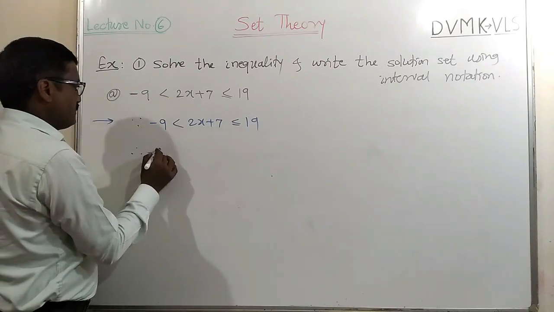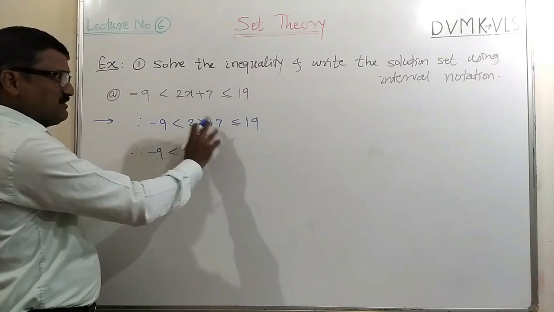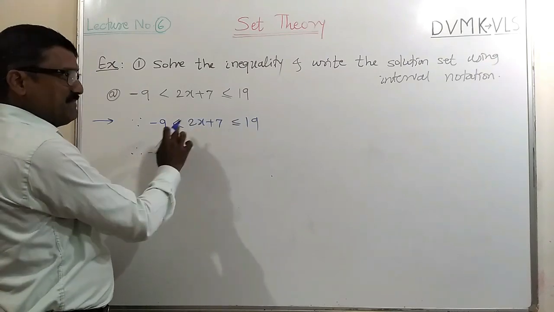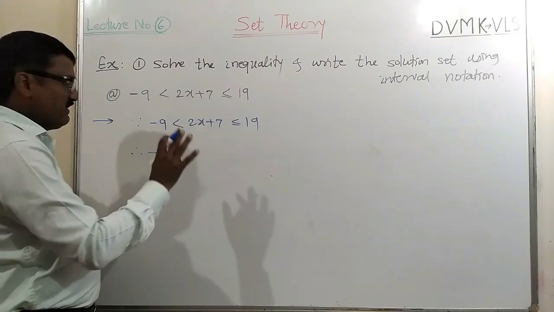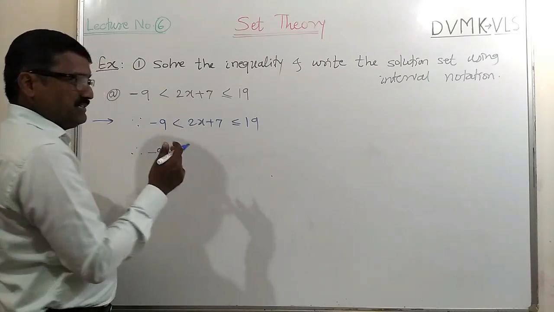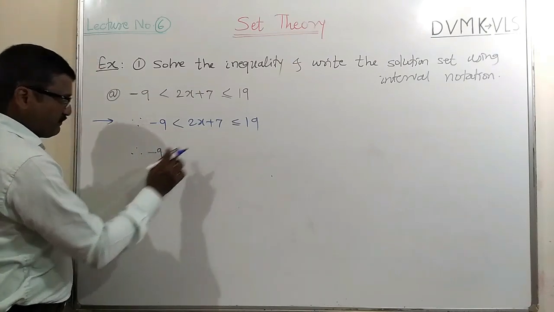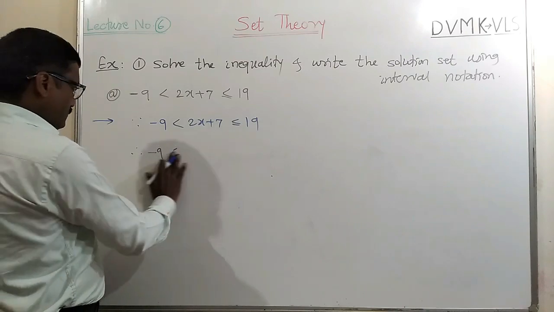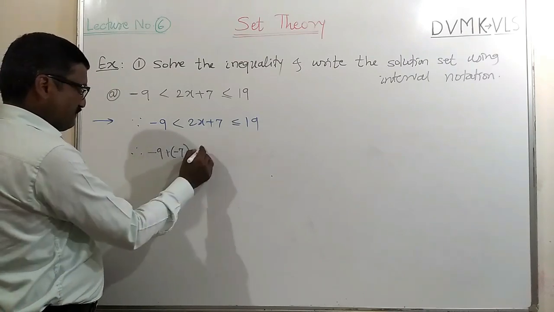Therefore, we get minus 9 again. We are subtracting 7, so there is no change in inequality while adding or subtracting any positive or negative number, because subtraction is also one type of addition. So here subtract 7 means add minus 7.